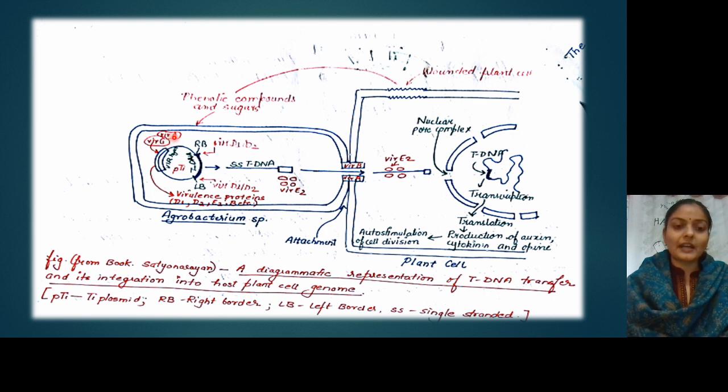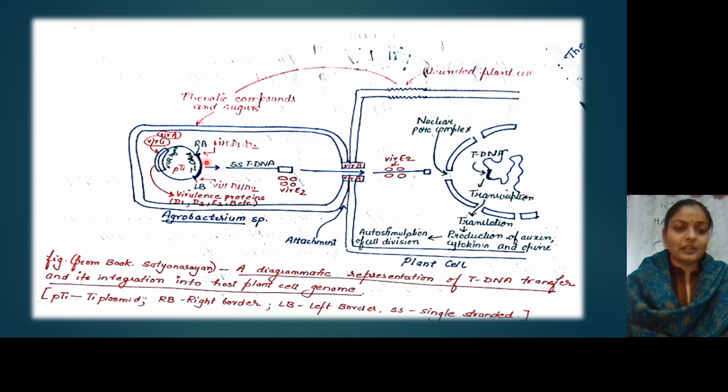Now this VIR-A and VIR-G together activate the other VIR regions and result in the formation of virulence proteins like D1, D2, E2, B, etc. So how does this work? The VIR D1 and D2 products, or we can say the proteins D1 and D2, recognize the border repeats and they form the single-stranded T-DNA copy.